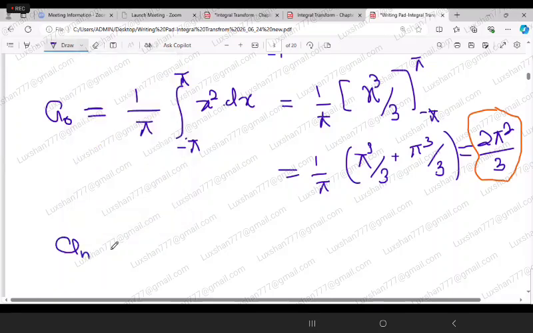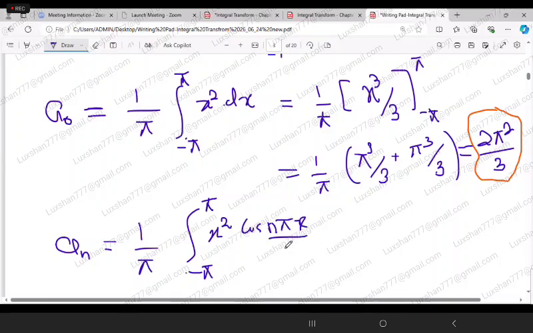Then we want to find an. How is an defined? 1 over pi times the integration from minus pi to pi of f(x) equals x squared into cos(n pi x over pi), since L is equal to pi, dx.